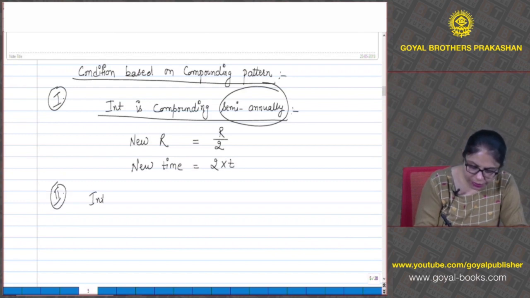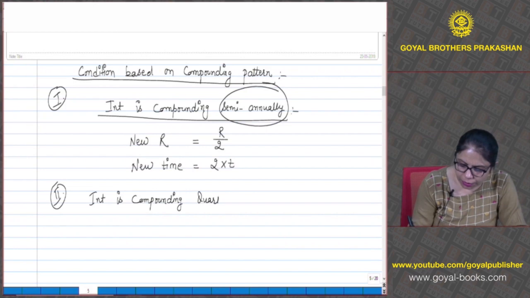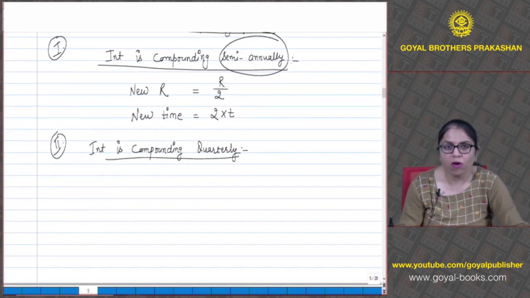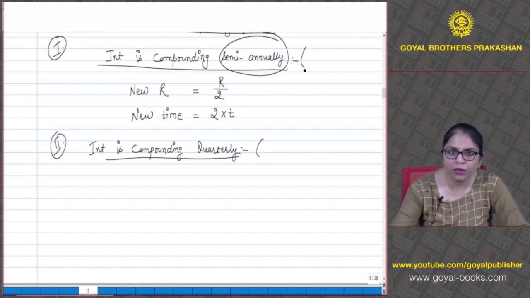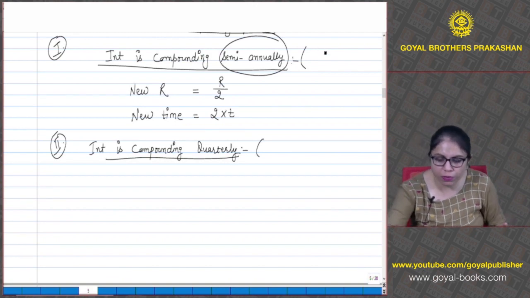Suppose interest is compounding quarterly, then what will happen? Quarterly means a period of 3 months. Like in semi-annually, we consider periods of 6 months, so we have 2 groups.